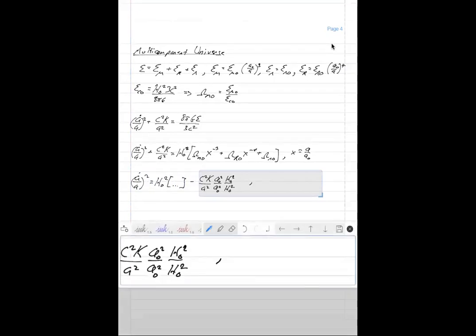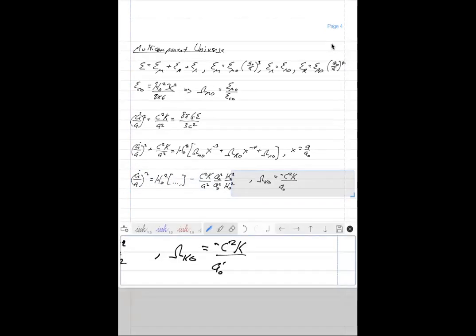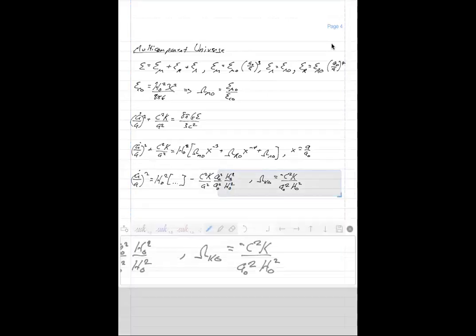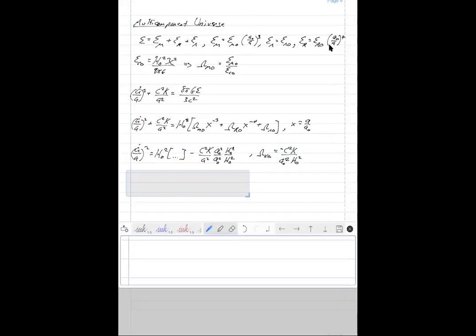And when we do that, we're going to define an omega k0 term, which is equal to minus c squared times k divided by A0 squared and H0 squared. With this definition, we now have our final expression for the multi-component Friedmann equation. So A dot over A squared is equal to, which is H squared, right?